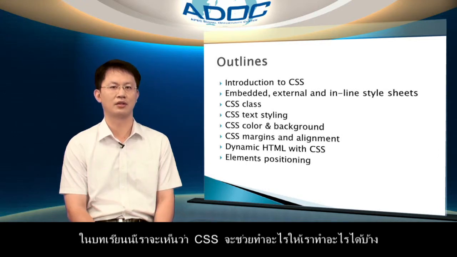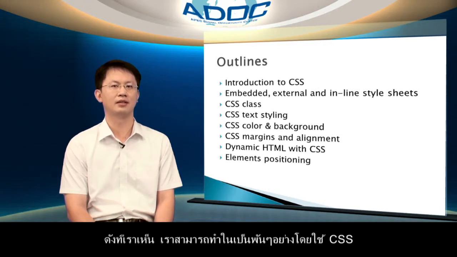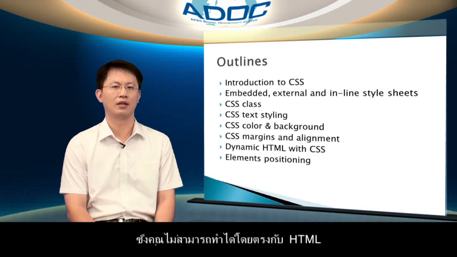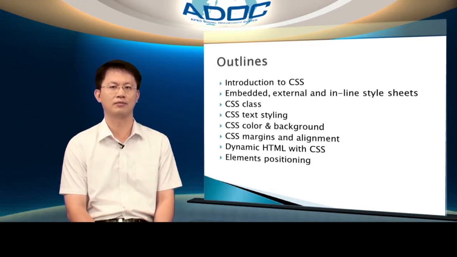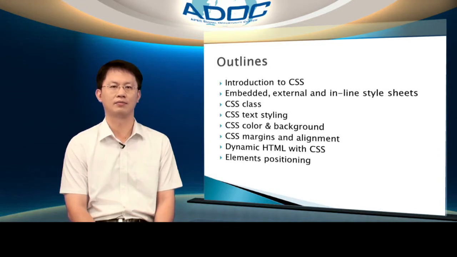In this section, we will see what Cascading Style Sheets can do for us. As we can see, we can do thousands of things with CSS, but you can't do them with strict HTML. CSS can set up a particular font and point size for your heading.